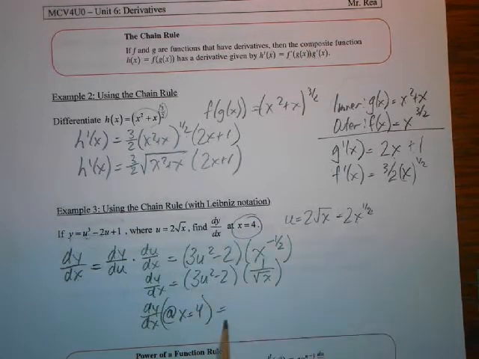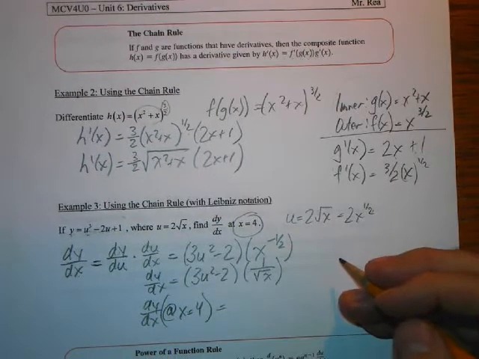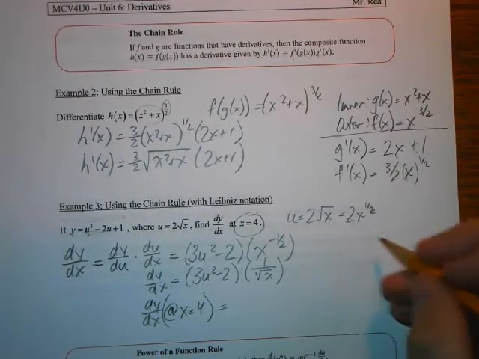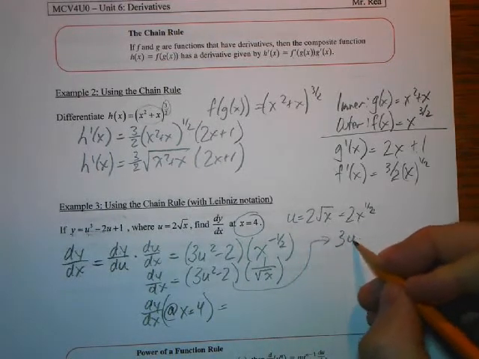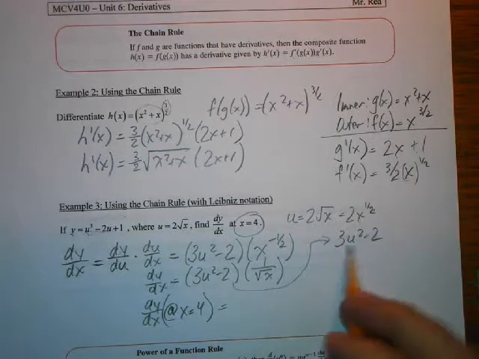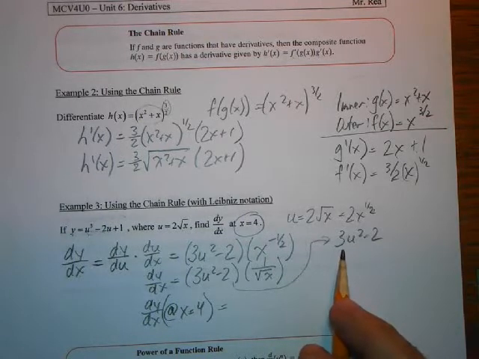is equal to, and so one thing we have to do here, what do we do with the u here? Because what do I plug in for u? So this is where you actually, if I've got 3u squared minus 2, I want to put this in terms of x.